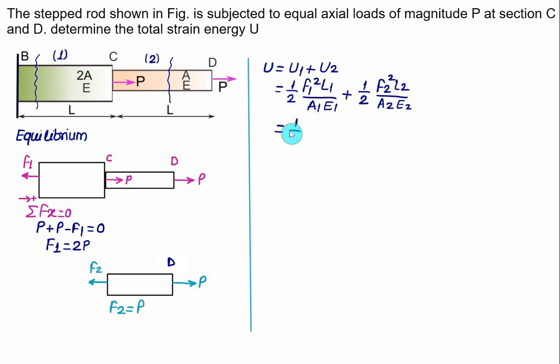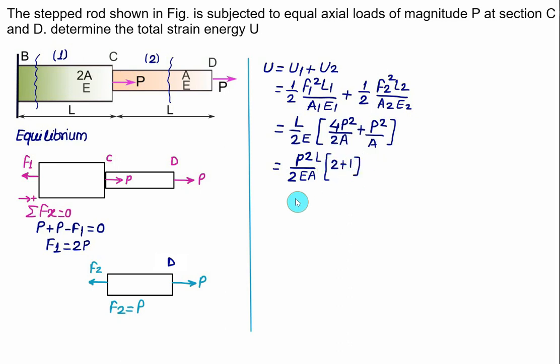So we have 1 by 2, length equal to L, Young modulus equal to E, into F1 square, which is 2P square, so that will be equal to 4 times P square, and A1 is equal to 2 times A, plus F2 square, which is P square, divided by area A. So from here we can take out P square by A as common, so we'll get P square divided by 2 times E into A, with L in the numerator. 4 by 2 is equal to 2, plus 1.